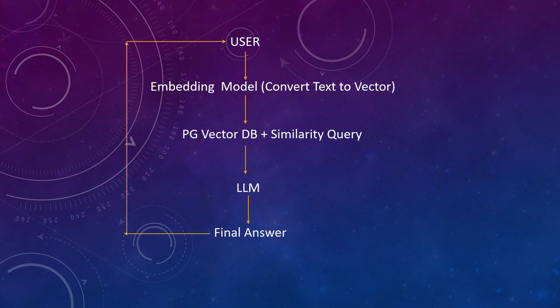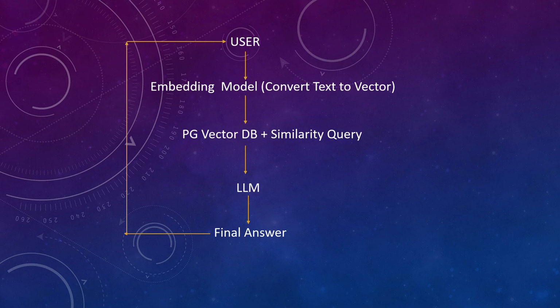Since it is a database, we need some application to host or access that vector DB. In our case, we'll go with PG vector. If you are using AWS, you can go with OpenSearch Serverless. It allows you to create collections for the vector database.